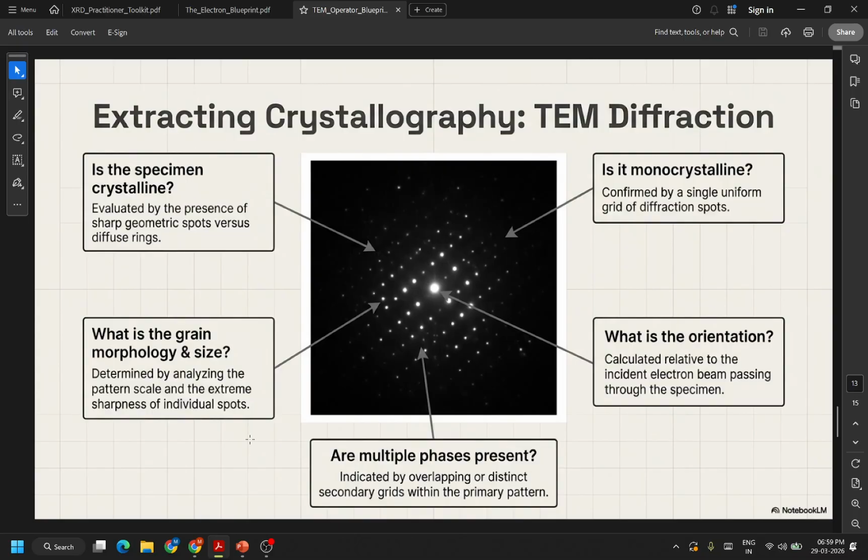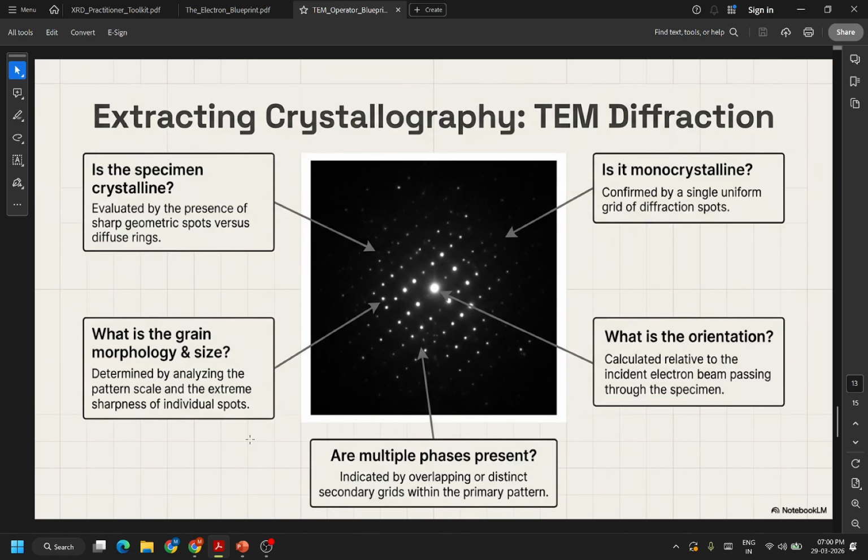Then you can calculate the orientation. It is calculated relative to the incident electron beam passing through the specimen. You can get your grain morphology and size, which is determined by analyzing the pattern's scale and the sharpness of individual spots.